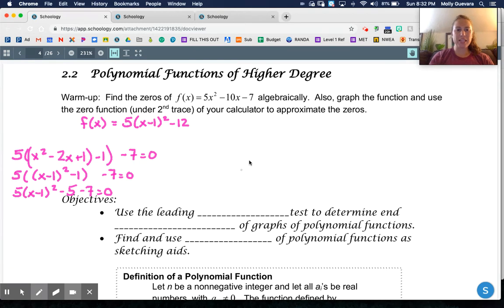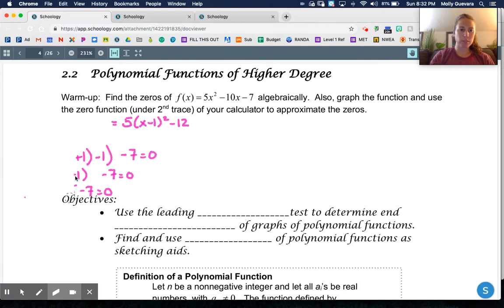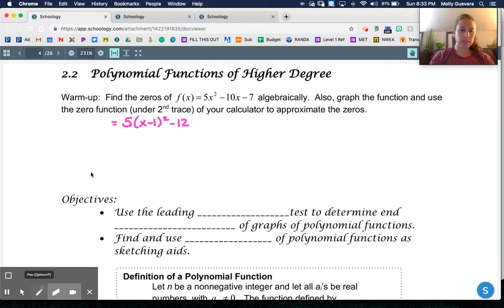But I want to find the x-intercept, so I actually have to keep going, okay? So I'm going to set this equal to 0 again, and I'm just going to solve. I'm going to get rid of all of this because I am 100% going to run out of room here.